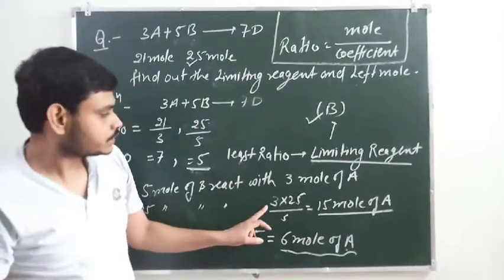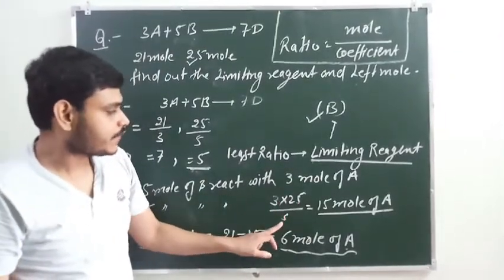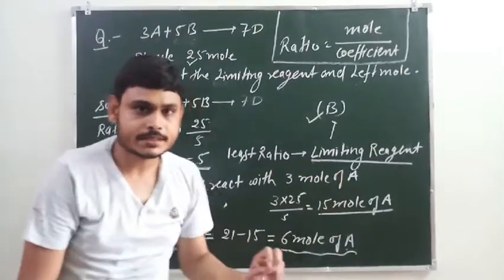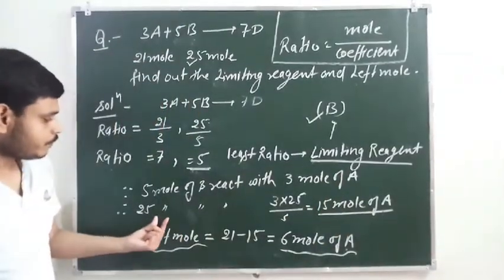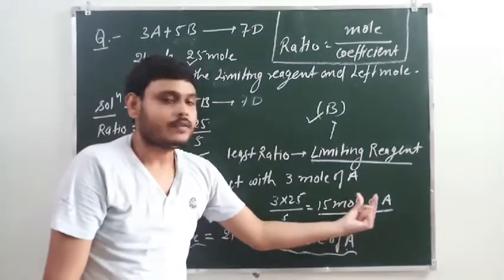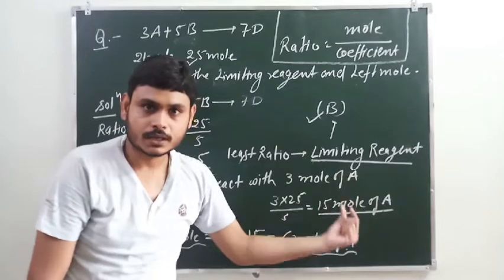It is 3 into 25 divided by 5, which is equal to 15 mole of A. It means that 25 mole of B react with 15 mole of A. Clear?